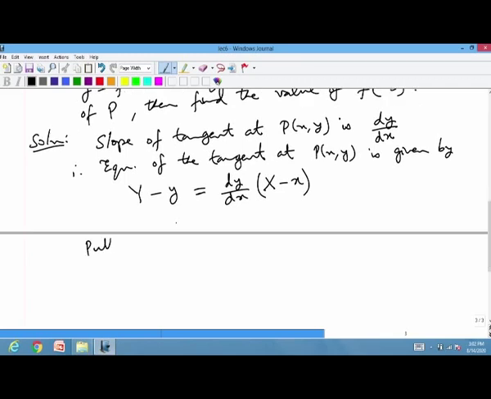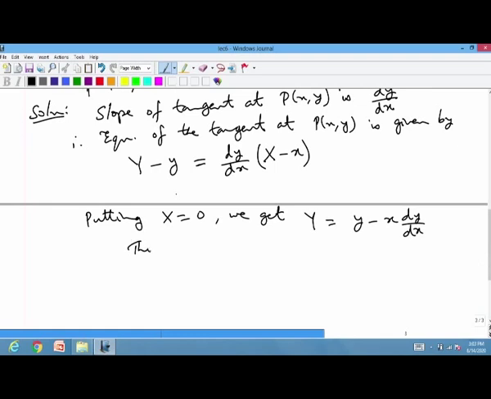So, putting capital X equal to 0, we get capital Y is small y minus x dy dx. So, this gives the y intercept. And the abscissa of this point P(x, y) is x.